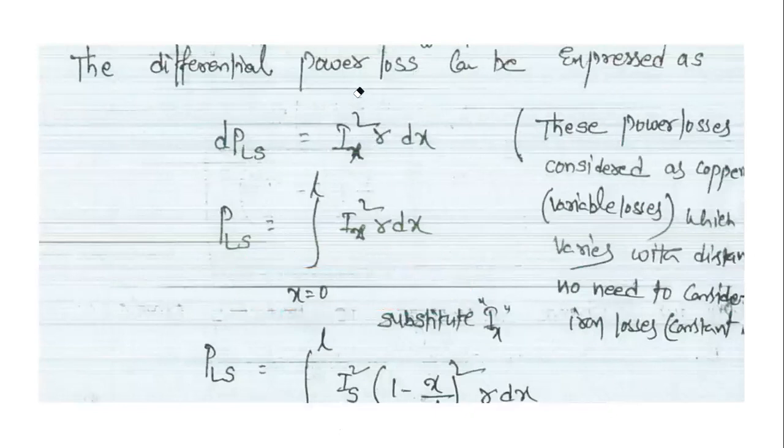Next, we calculate the power losses. What is the normal formula for that? P equal to I square R. Therefore, differentiating the power, dPLS is equal to Ix square R dx.